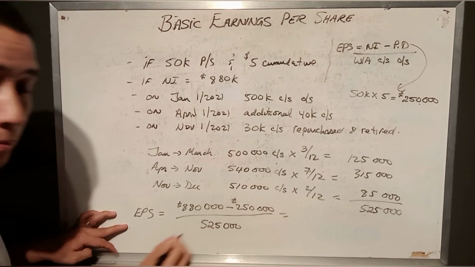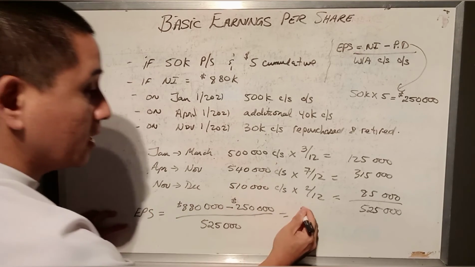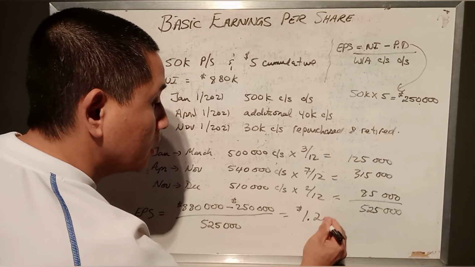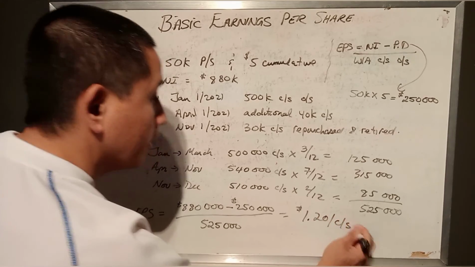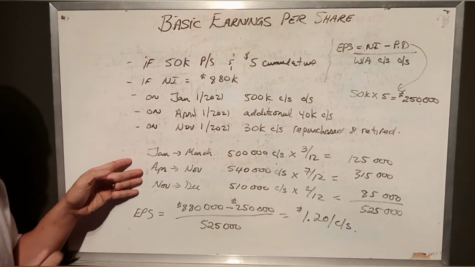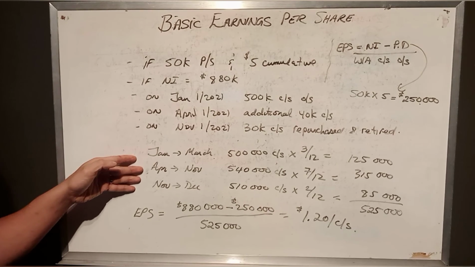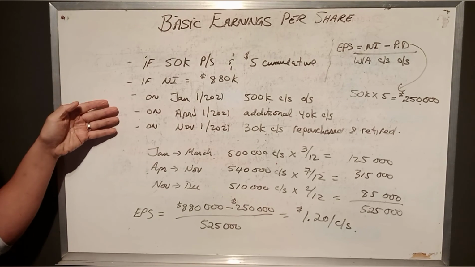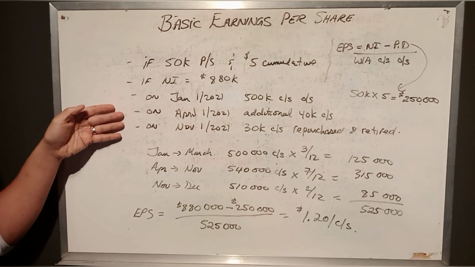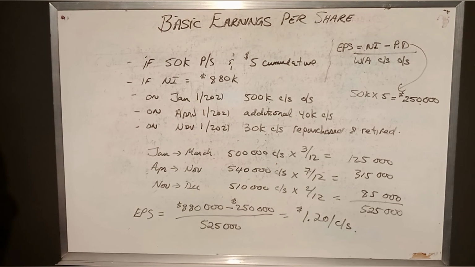If we compute this, the end result would be about $1.20 per common share. So this is how you account for changes in terms of purchases and retirements of common shares throughout the year that are made by the company. That's how you calculate the weighted average.